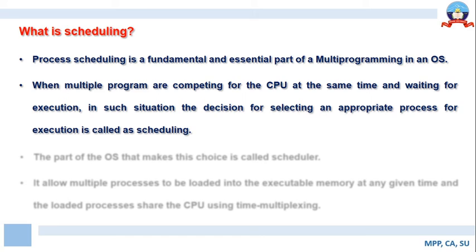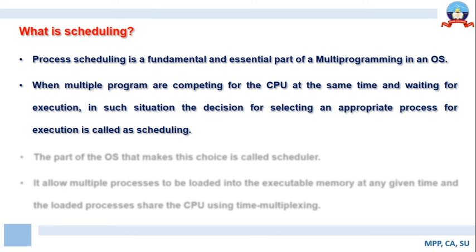Now, it is to be understood that the decision for selecting an appropriate process depends on the algorithm pursued by the computer system for scheduling. For example, a computer system may adhere to first come, first served, or shortest job first, or priority scheduling, or round robin based scheduling.